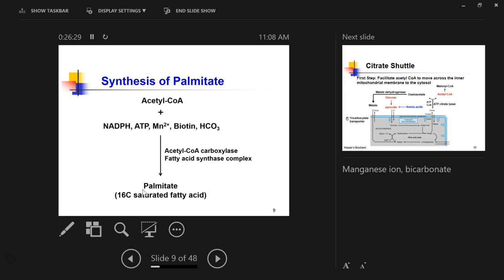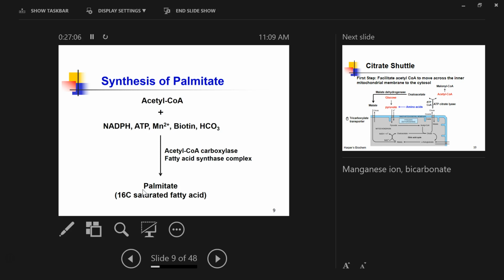How palmitate, a 16-carbon saturated fatty acid, is synthesized from acetyl-CoA. And this requires two main enzymes and also other substrates like NADPH, if you still remember when we talked about the pentose phosphate pathway, right? One of the functions of the pentose phosphate pathway is to synthesize NADPH, and this is required for fatty acid synthesis, right?